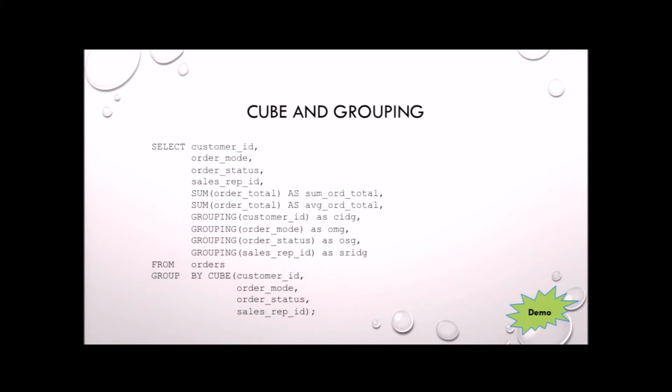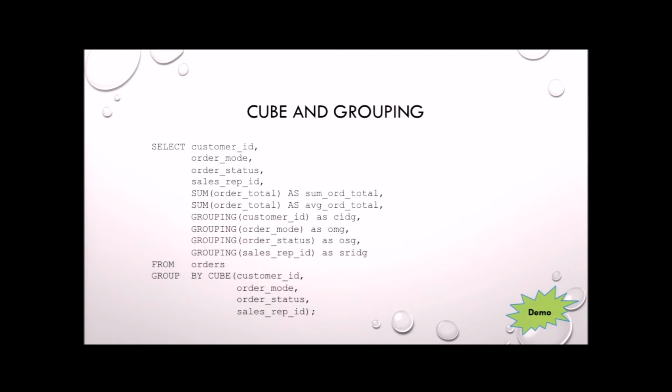It returns 1 or 0. Okay? So I have my standard stuff and my standard aggregate functions, and then I put some grouping in here, and those return 0 or 1.